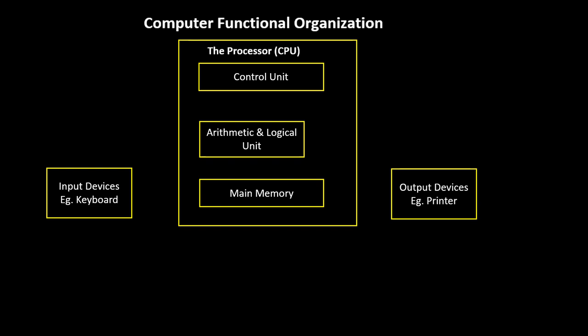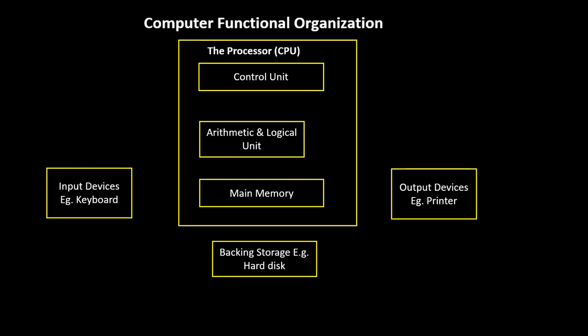There are others. We have backing storages. We are going to look at what backing storages are, for example a hard disk. For input devices, we have the example of the keyboard. For output devices, we have the example of a printer or even a screen where we always see.